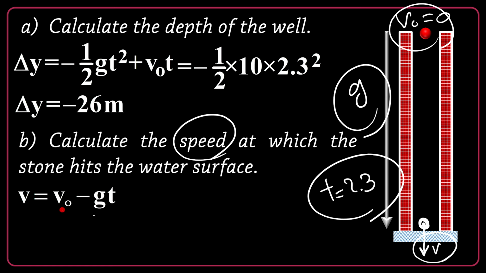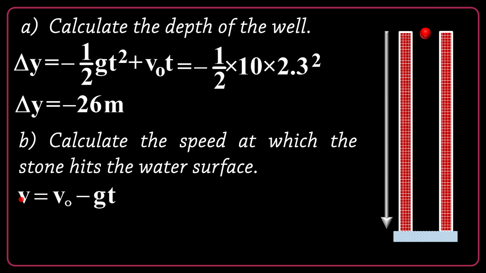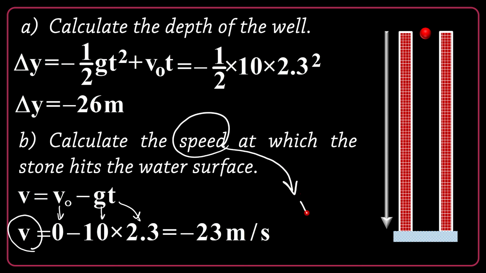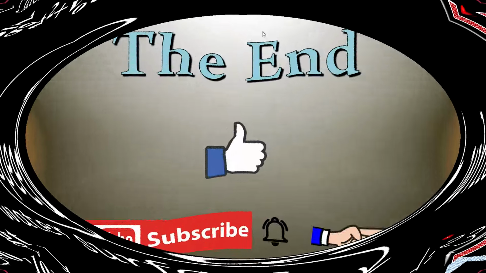You know that all the quantities are given on the right side of this equation, so I will find the v. Let's do it. v₀ is 0, g is 10, and t is 2.3. Normally, it's going to be negative 23 meters per second. This is the velocity, but as it's looking for speed, the speed here will be 23 meters per second.